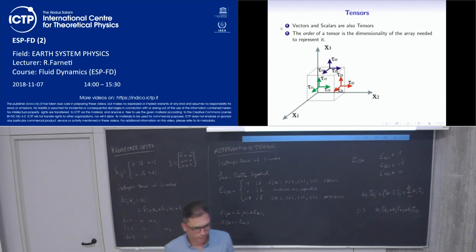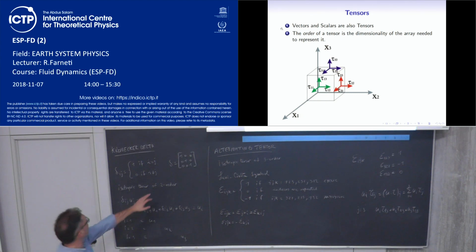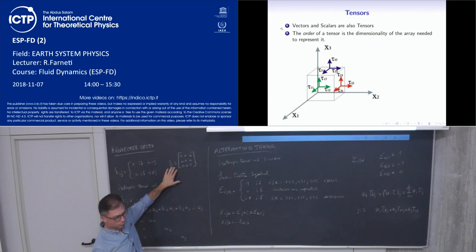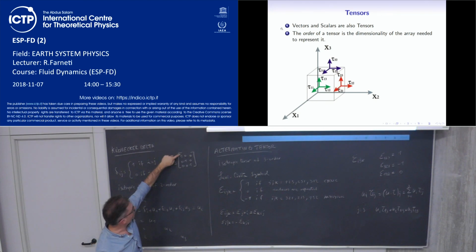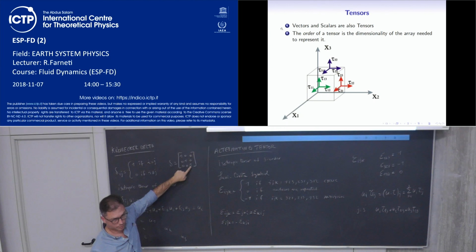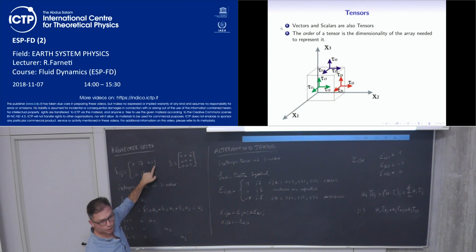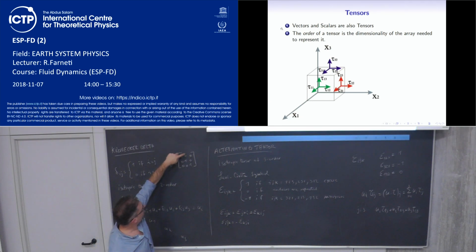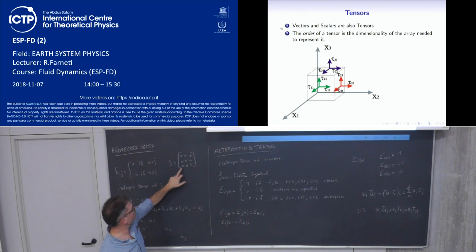That's an isotropic tensor of third order. Same way you have your Kronecker delta of second order. 1, 1, 2, 2, 3, 3. Okay. If i is equal to j, my Kronecker delta is equal to 1. If i and j are not equal, 1, 2, 2, 3, or whatever, it's equal to 0.